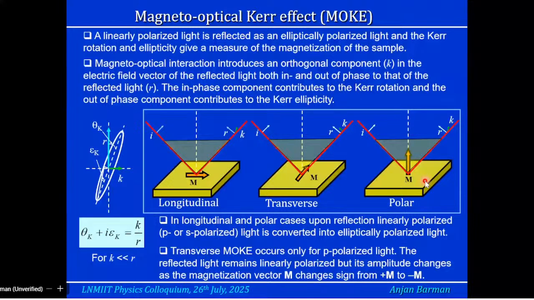So you can have different kinds of behavior. Basically, in the transverse Kerr effect, you have no change in the polarization, but there is a certain change in the intensity of light when you change the sign from plus m to minus m, whereas in longitudinal and polar, you have a certain Kerr rotation which you can detect to read the magnetization.